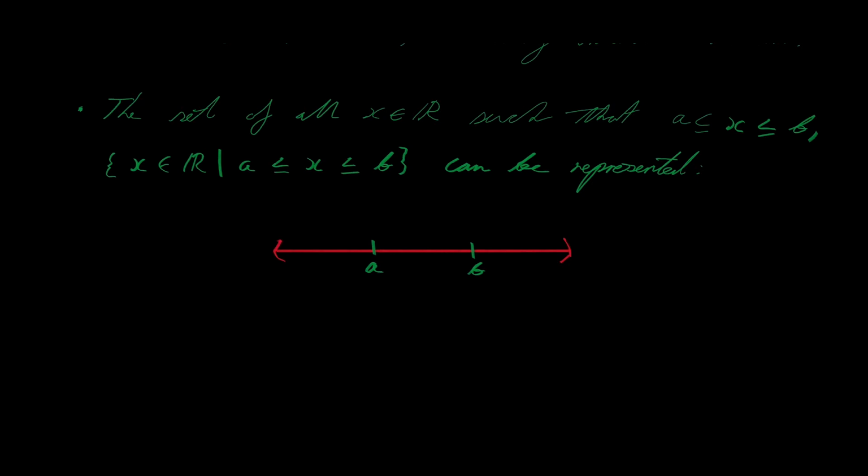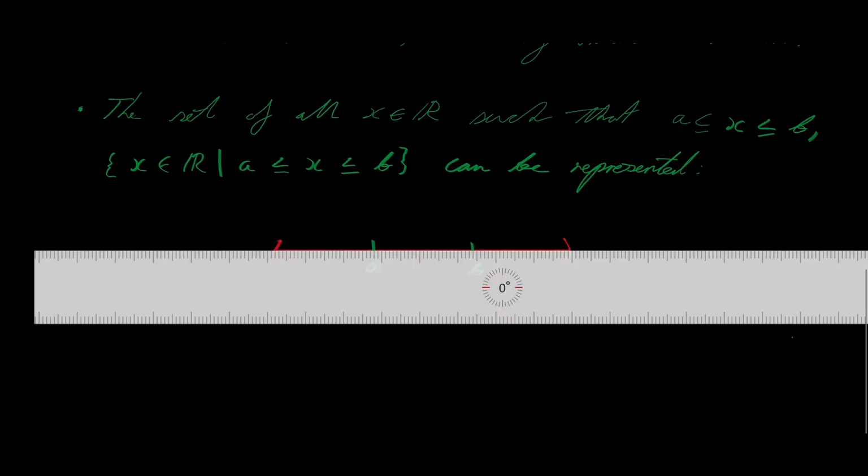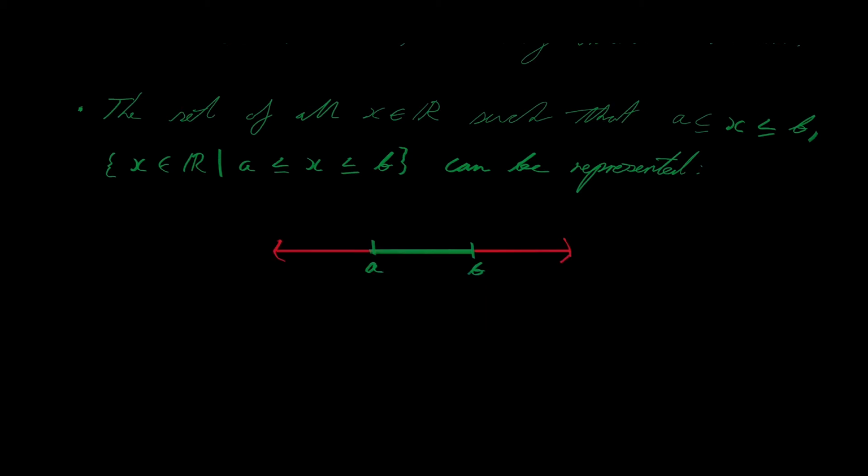We would represent this by drawing a line between them, and then we would draw a circle at either endpoint. Now, because this interval includes the endpoints, it includes A and B, we indicate that by shading it in.